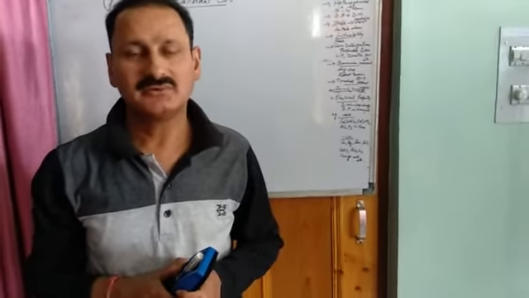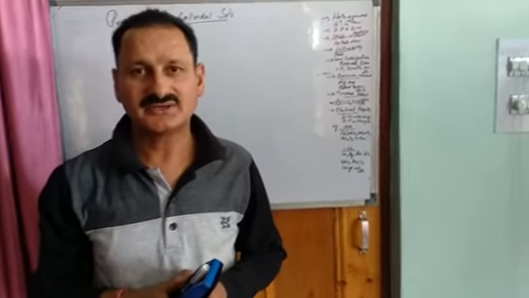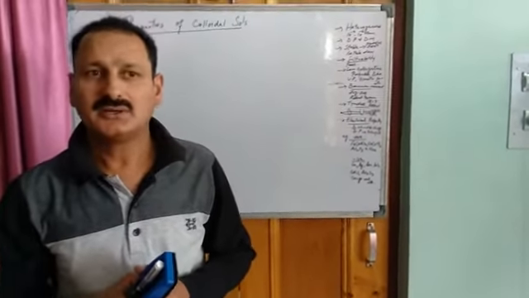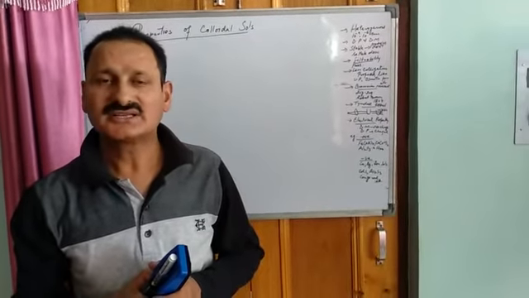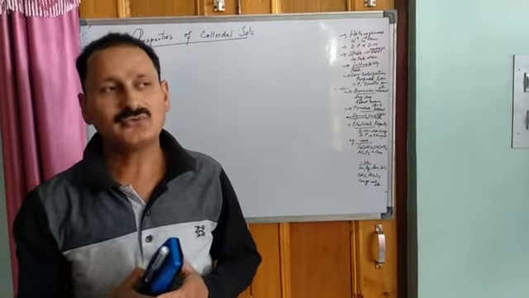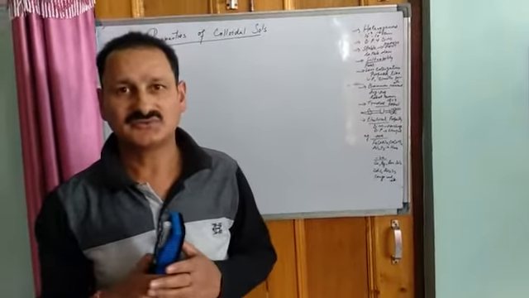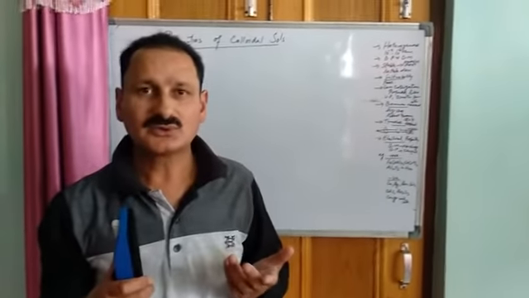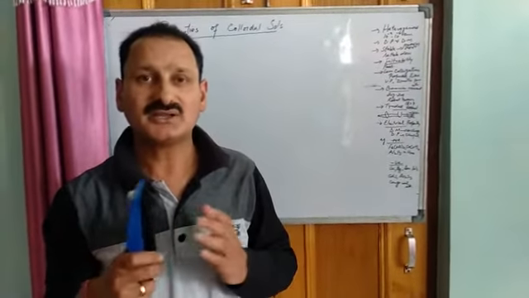So we will continue with the surface chemistry. In surface chemistry, we were discussing solutions. We have various types of solutions which we have studied in detail: three types of solutions on the basis of particle size.